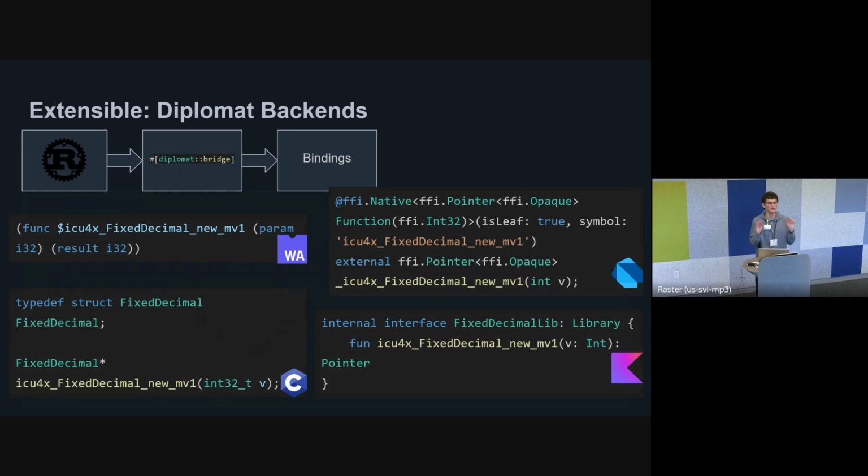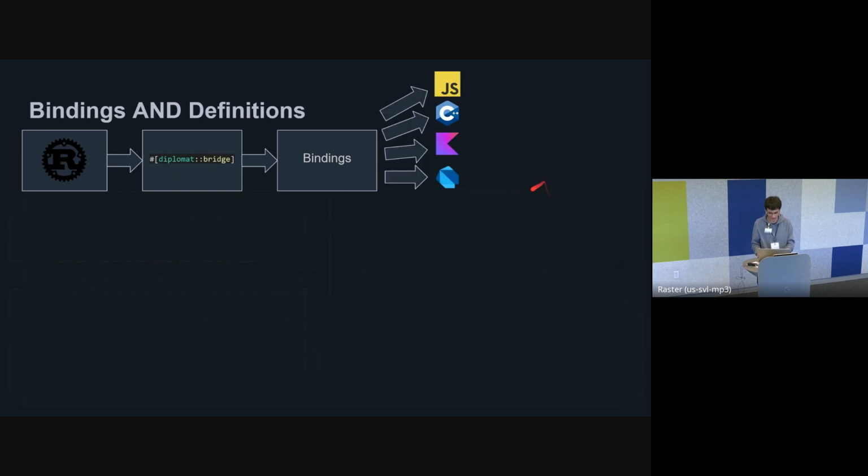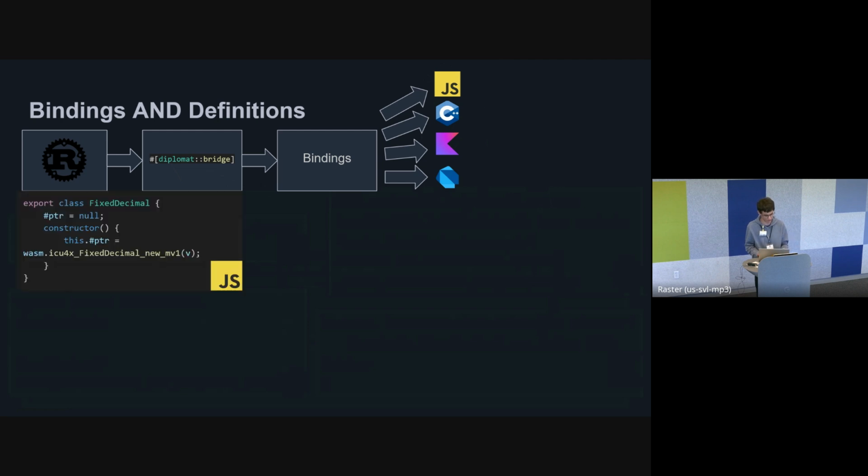But of course, you may recall there was a bullet point earlier that said we're not just interested in bindings, we also want definitions for those bindings. So that brings me to the next part, which is the definitions. We want to meet you where you're at, right? We have all of these different languages that we support, and we want to make sure that you can call them without having to worry about any associated weirdness that comes with just having these functions exposed.